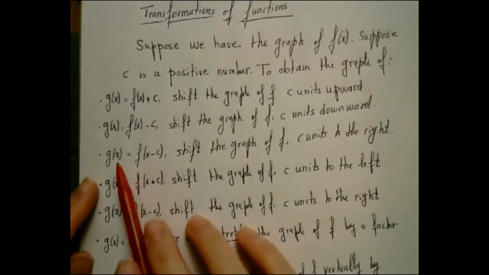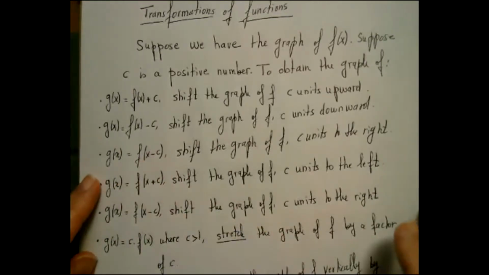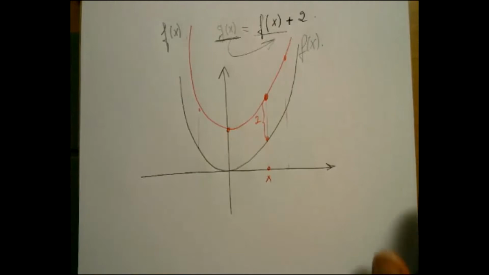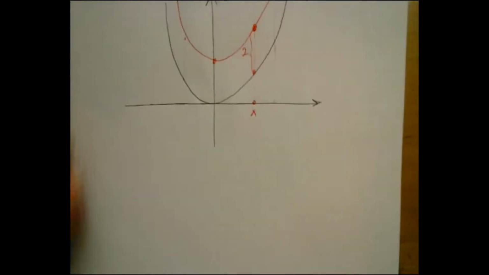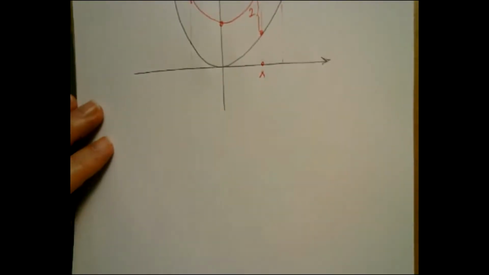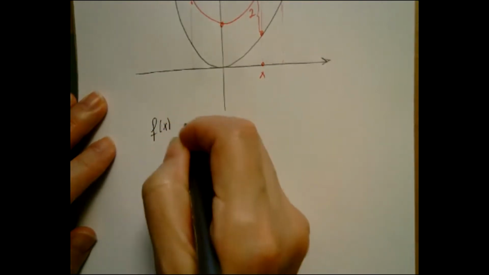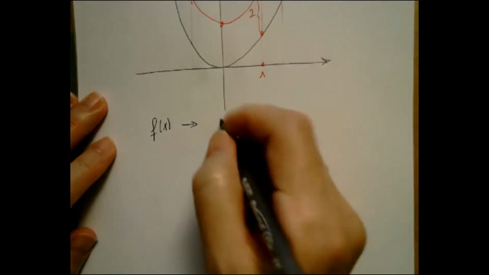Now, I'm going to take another transformation. I will talk a little bit about it and then we will read what it does slowly. Suppose now I take the following function. F is the old function, and now I'm going to create a new function.